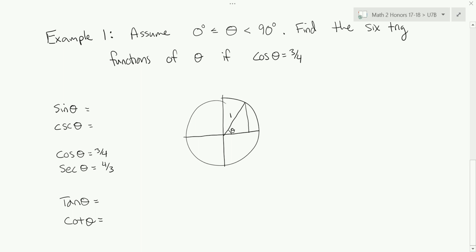And we were given that the cosine is 3/4. So where would I put 3/4 in this picture? The x-axis, right? That's the cosine right there. And we don't know what the sine is. I'll call that y, since the sine is the y value, and I remember that from yesterday.